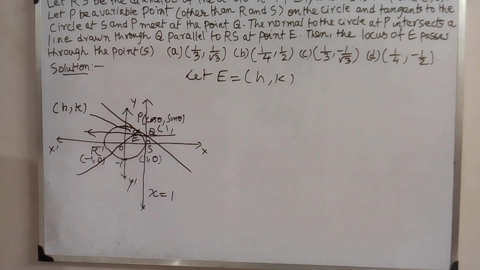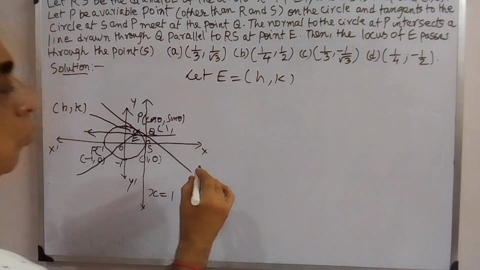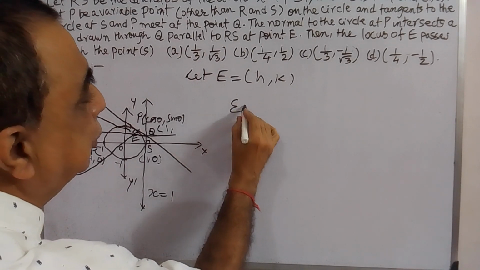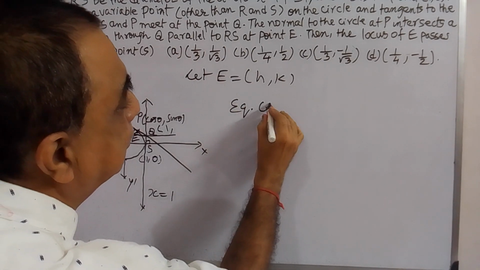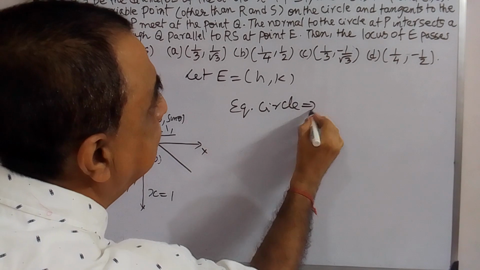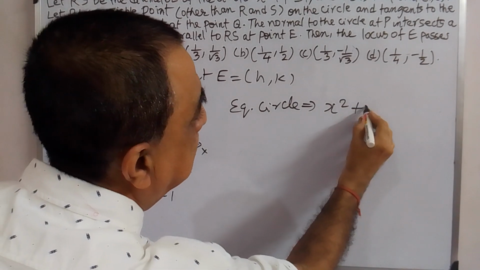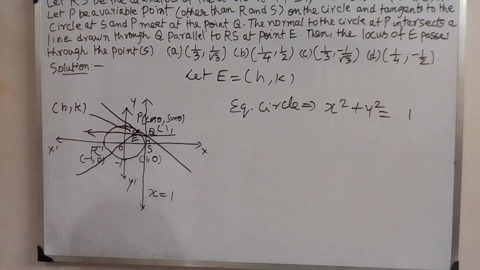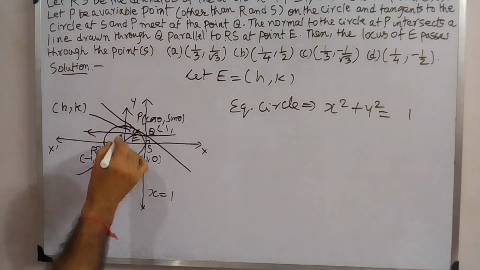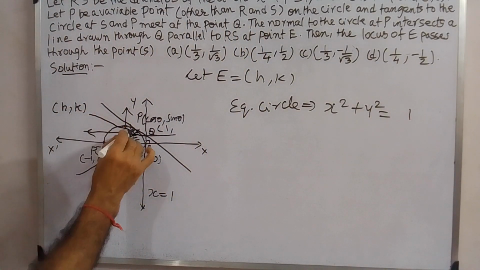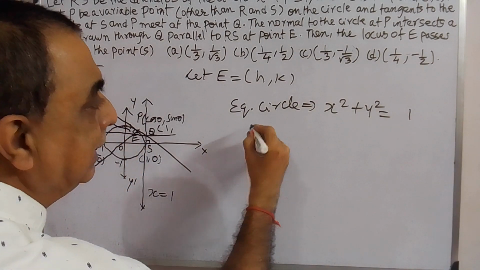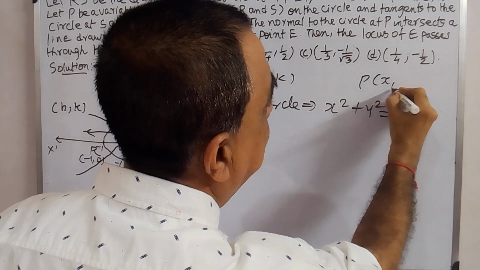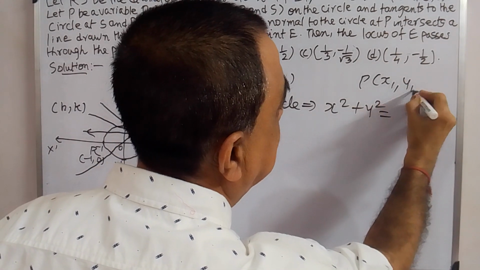Now see here, the tangent equation at the point P will be what? We know that the equation of the circle is given: x squared plus y squared equals 1.